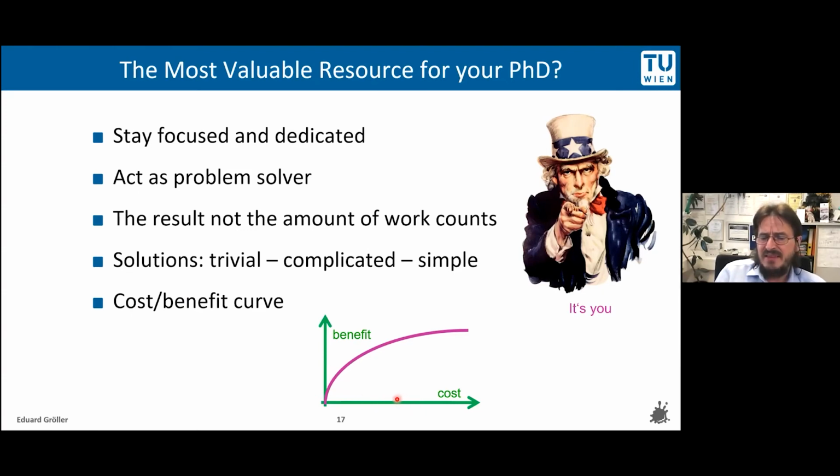There is this concept in economics of diminishing returns. At some point, it doesn't pay off to improve in a certain direction because you're investing a lot of cost and the benefit is small. So you also should be aware of how far, how strongly can I improve something? Is it a factor of 2 that I can achieve?